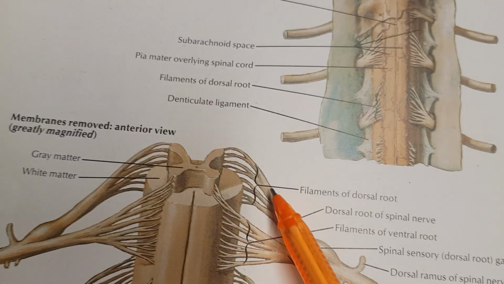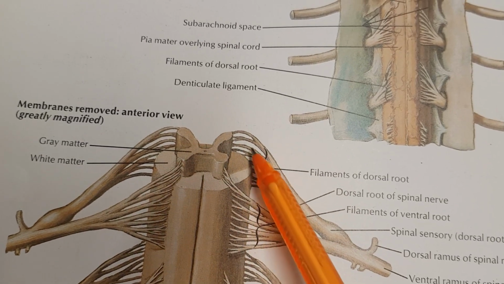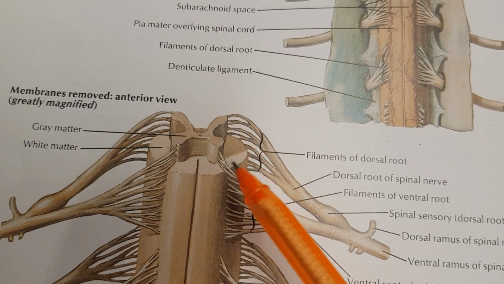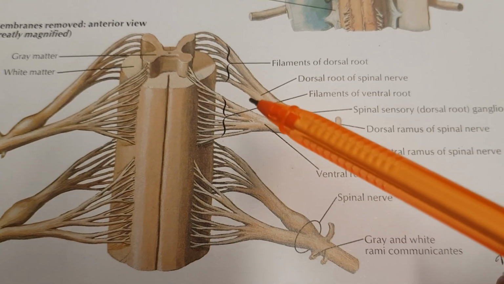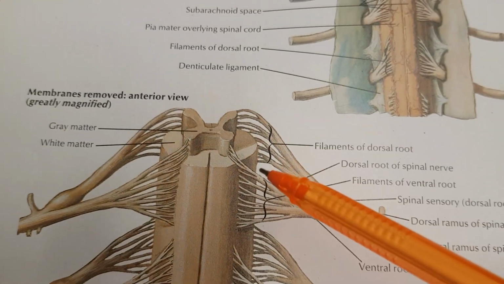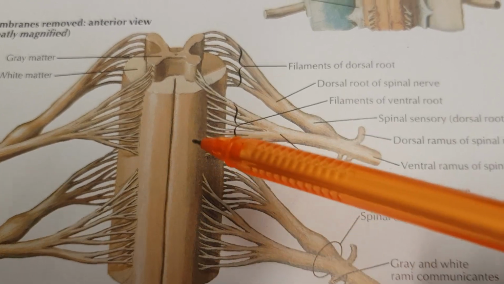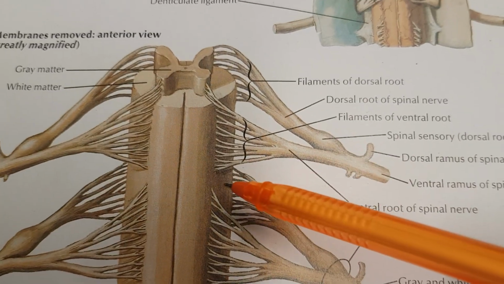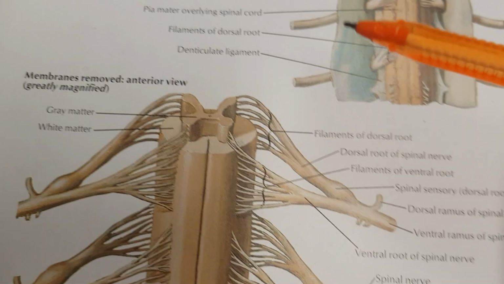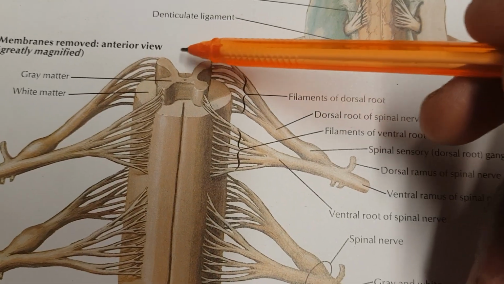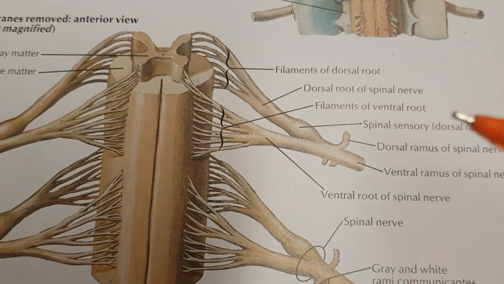Around the gray matter is the white matter. If you look at this diagram, you can see that this is the ventral part, or the anterior part, or the part in front. And behind there is the dorsal part.